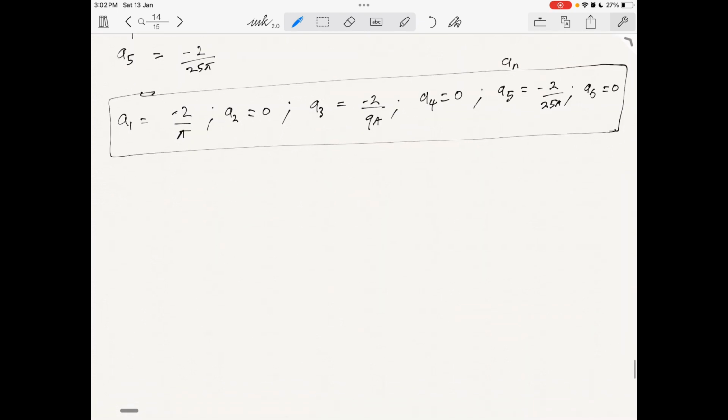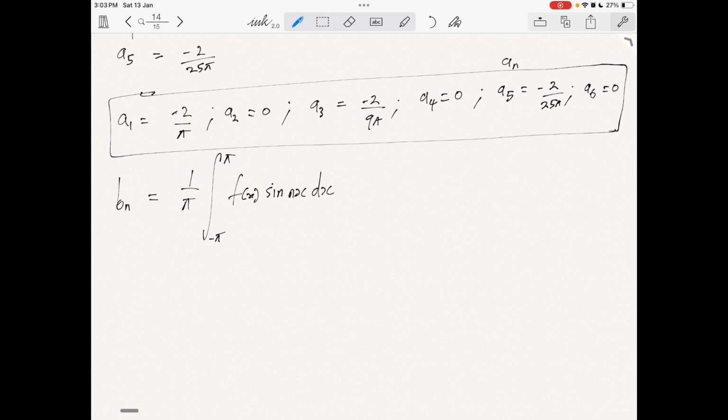Now the next thing to do is to evaluate bn. And bn from our formula is 1 over π integral from -π to π of f(x) sin(nx) dx.